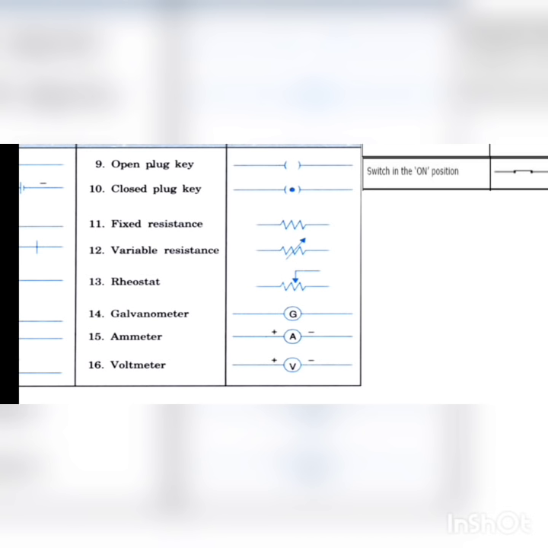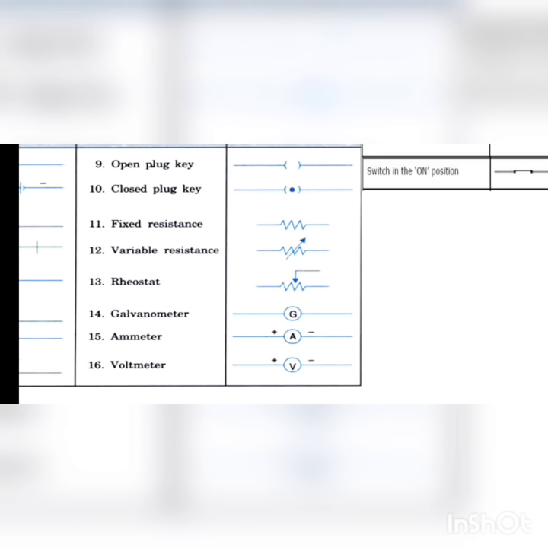You can make it, otherwise you can follow this table. Now a galvanometer is a device to detect the presence of current. It does not measure current, it only detects the presence of current and the direction in which it is moving. It only tells us that. Fine. An ammeter measures current and a voltmeter measures potential difference.